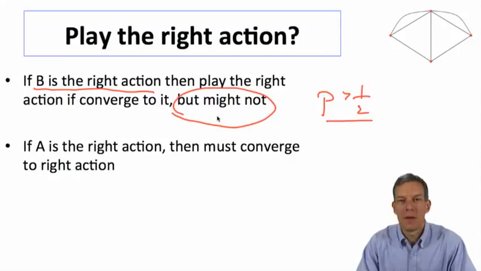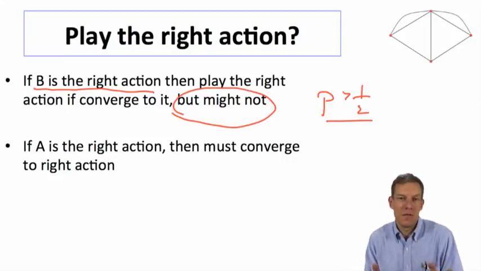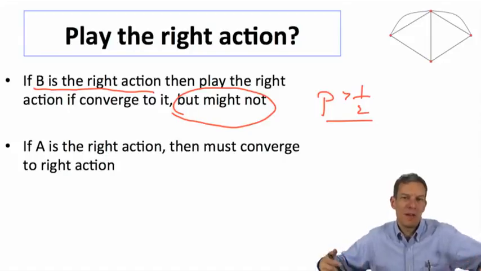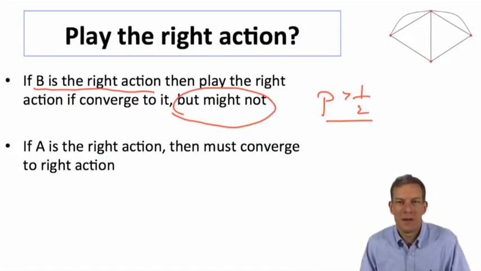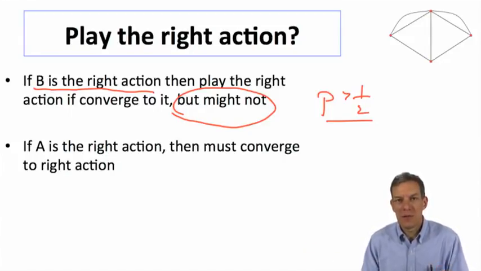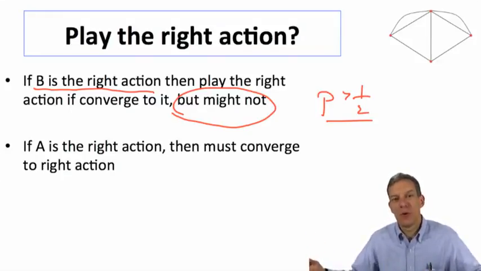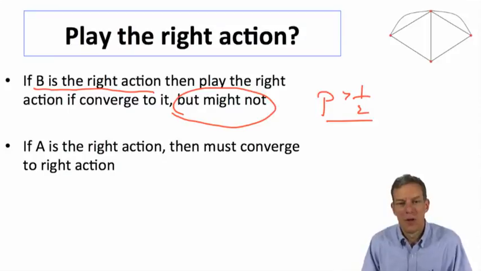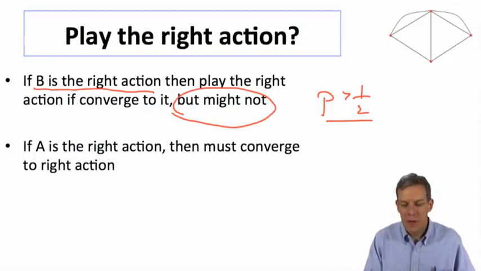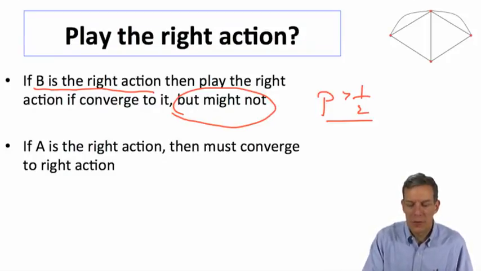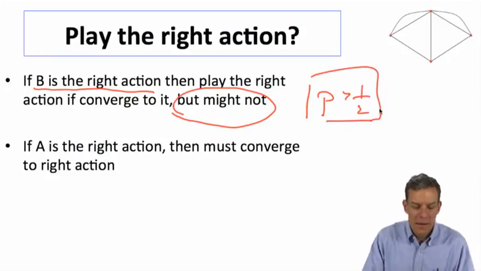And how could that happen? That could happen if we all start pessimistically enough and we just happen to get some bad draws on B initially. So it's possible that everybody gets some bad draws on B, stops playing B, and then we never learn after that, right? So even when P is bigger than a half, it's possible for us to converge to A.